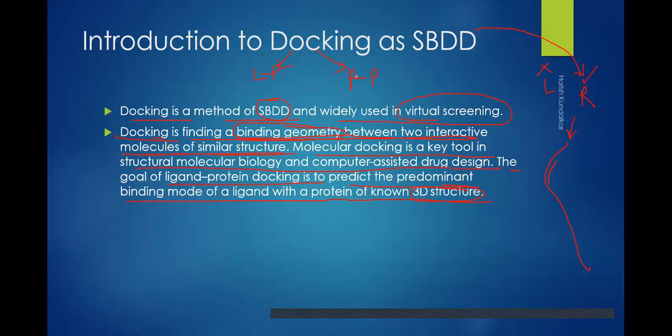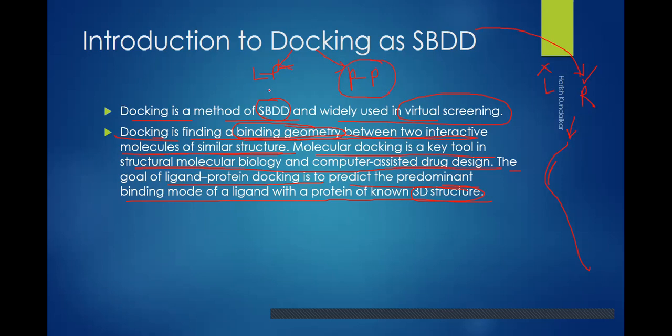On the other hand, protein protein docking is one protein or a peptide binding to another protein or a peptide. And we know a larger number of proteins and peptides are nowadays being approved as drugs, right? For example, monoclonal antibodies are nothing but proteins. So protein protein docking is also peaking.